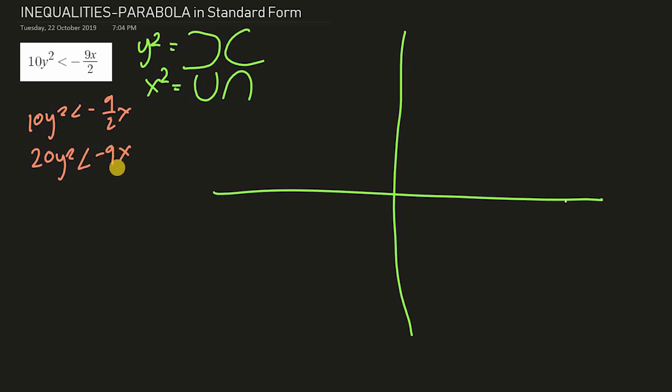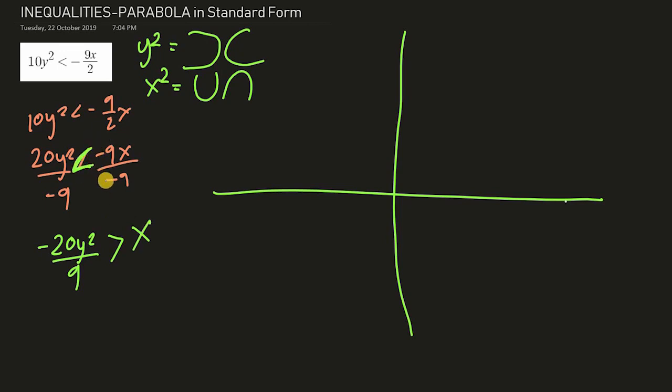Dapat ma-isolate lang na x yan. That's over negative 9. Guys, always remember this, if you are dividing both sides by a negative number, itong sign ninyo, it will change. It will go the opposite way around. So, this problem would result into negative 20y squared over 9 is greater than x.